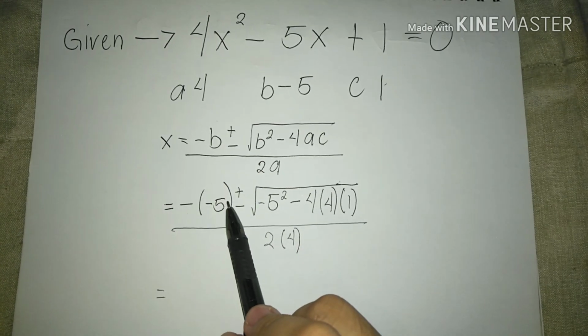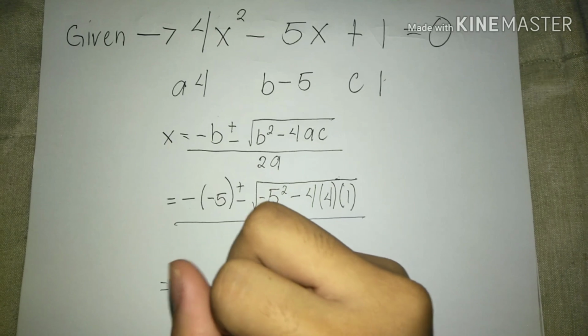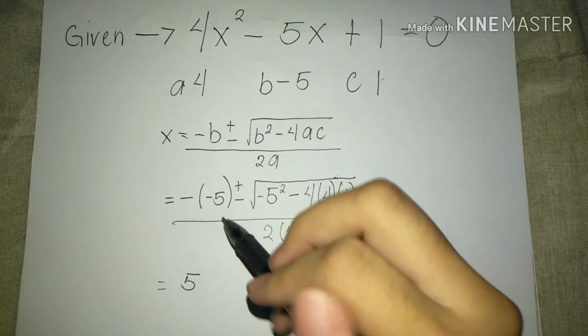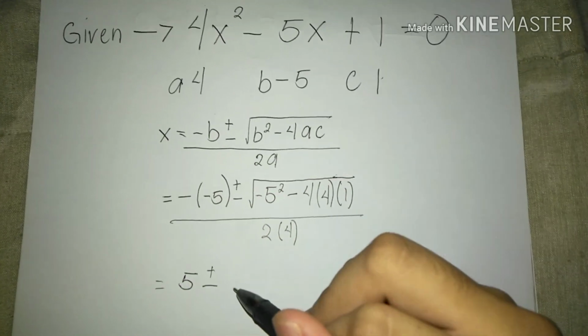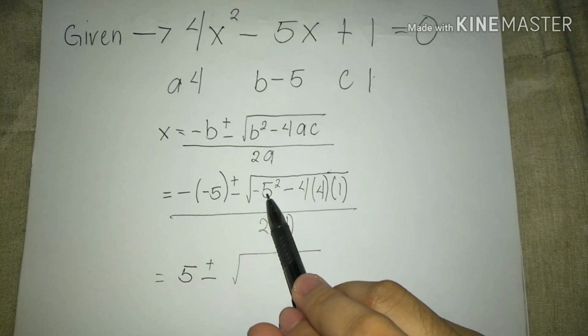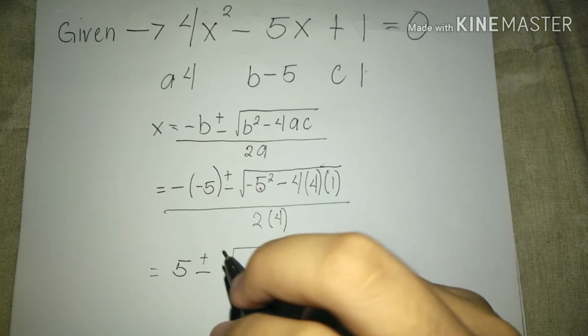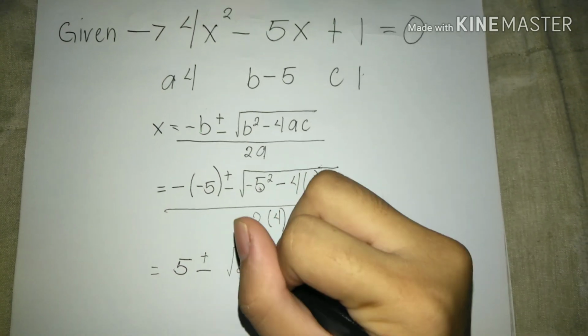Negative multiplied by negative 5 is equal to positive 5, plus minus. Negative 5 multiplied by itself is equal to positive 25.